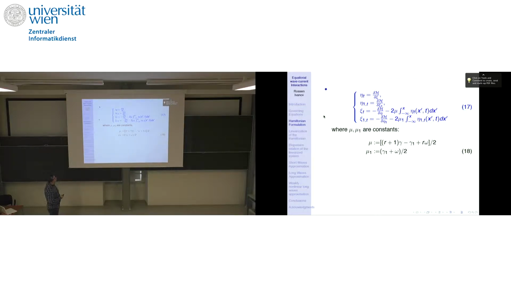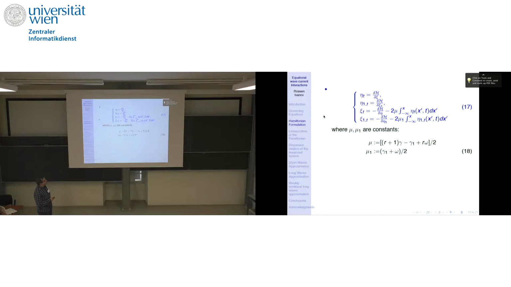Mu and mu1 are constants. If we ignore the terms related to the current, we have something that looks very much like a canonical Hamiltonian system. But these two terms make it non-canonical somehow.